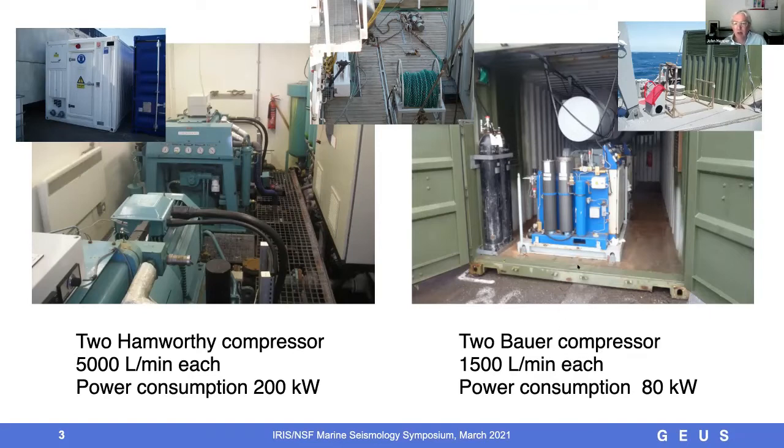We also have 2 Bauer compressors. They're a little bit less capacity. And what we often do for a bigger program is use both compressors together. And then we have some small hand winches to feed the umbilical out to the gun arrays, depending on the configuration and the setup.